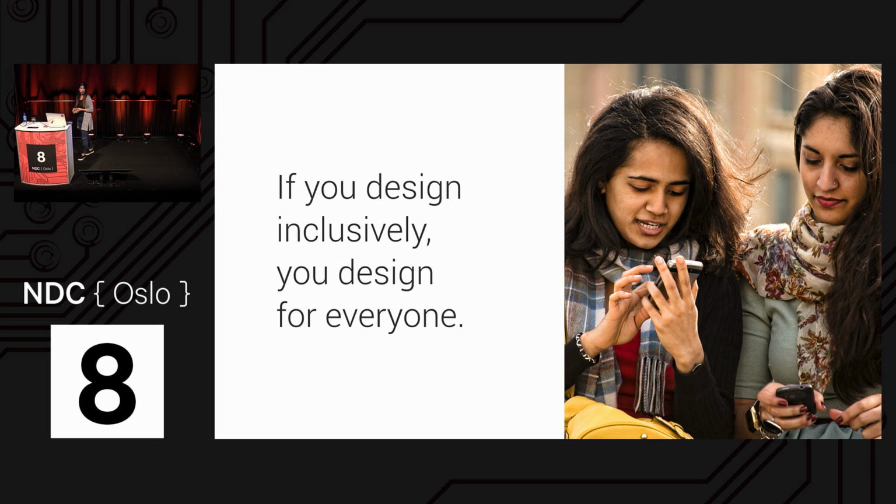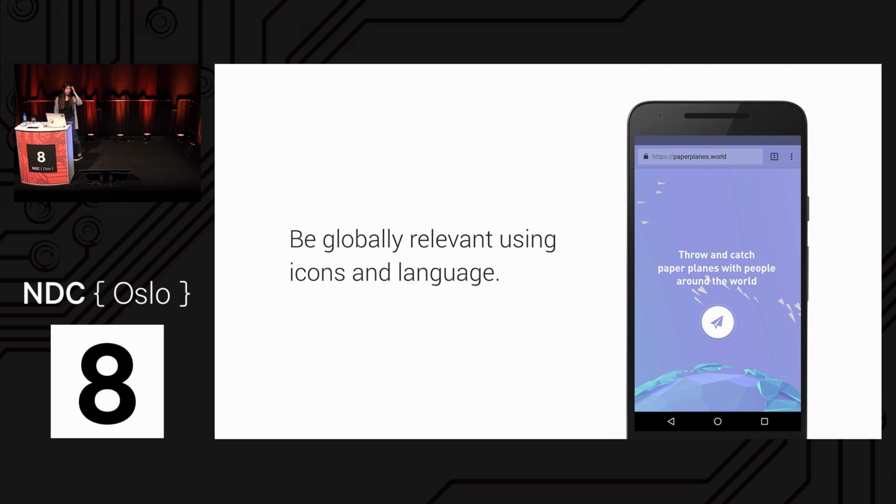So be aware of global accessibility, of colorblind people, low-end devices, expensive data in some countries. So what we can do is be globally relevant using icons and friendly English language. So use simple global English language that can work for all people or uneducated people. And be culturally relevant. Use fewer words, more icons, in order to be more visible.